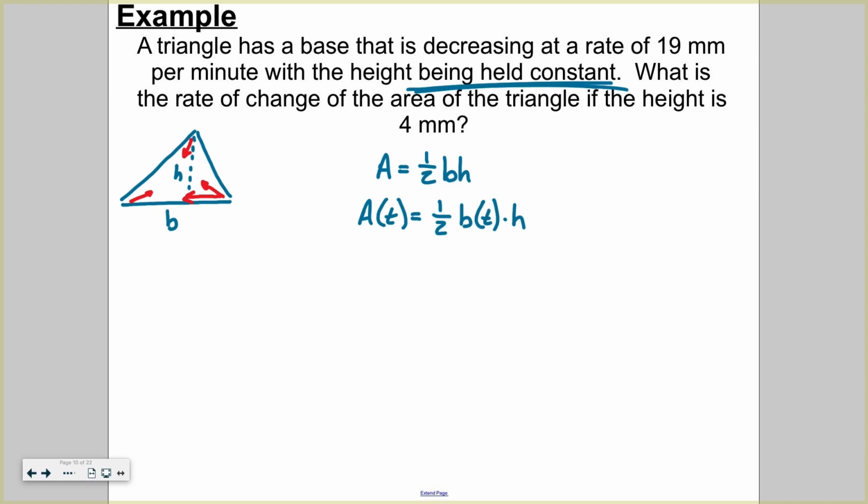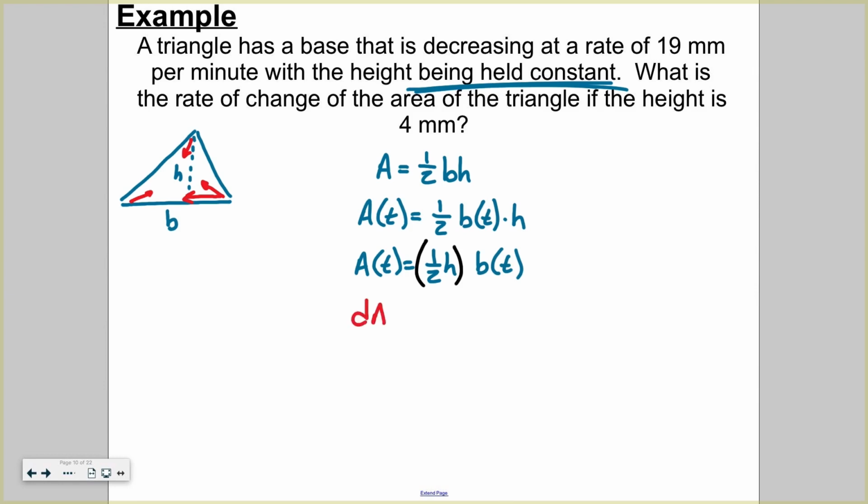Alright, so now I'm just going to rewrite this equation here. So it's going to be A of t is equal to 1/2 h times b of t. And the reason I wrote it like this is because this 1/2 h is the coefficient of b of t. Now we're going to take the derivative.